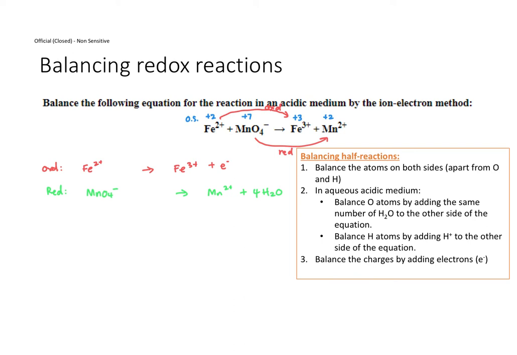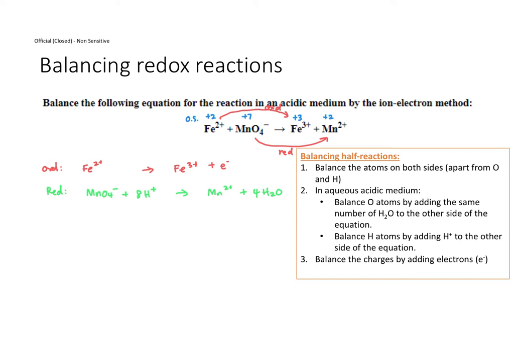Now that we have 4 H2O molecules on the right hand side, we need to balance the hydrogens by adding H+ on the left hand side. And since we have 8 hydrogens on the right hand side, we also need to have 8 hydrogens on the left hand side by adding 8 H+.